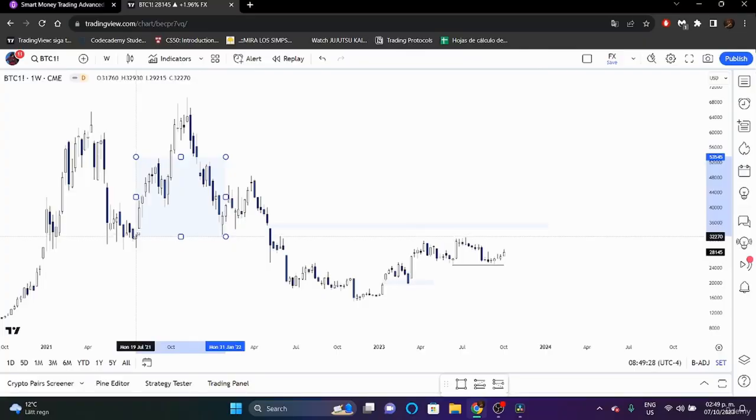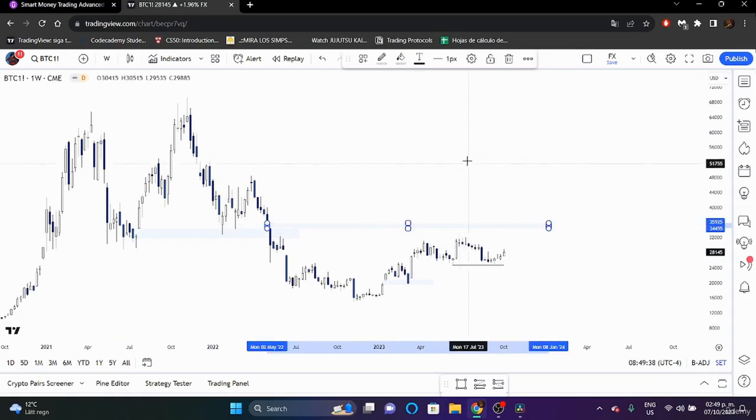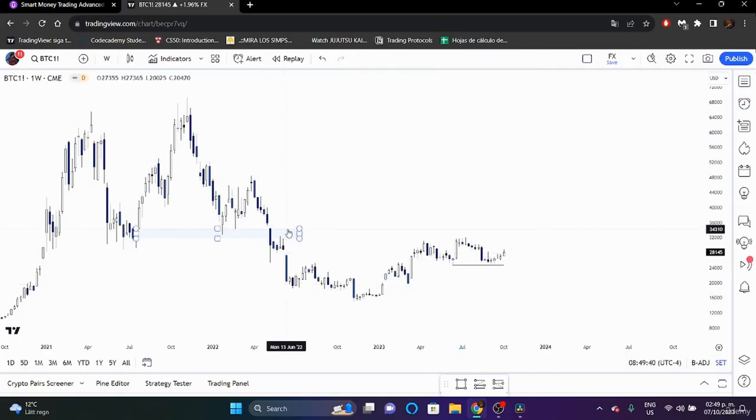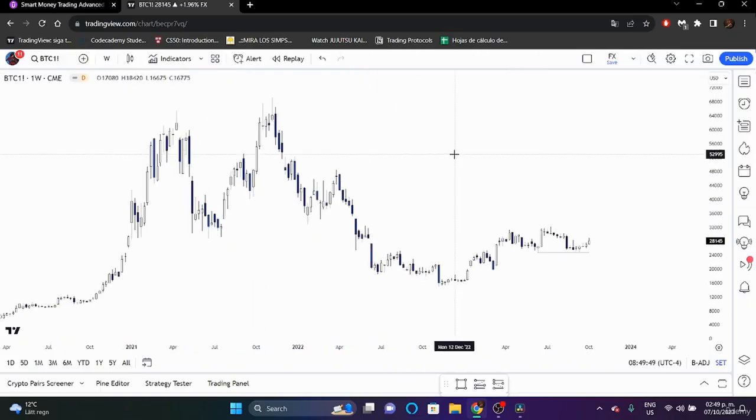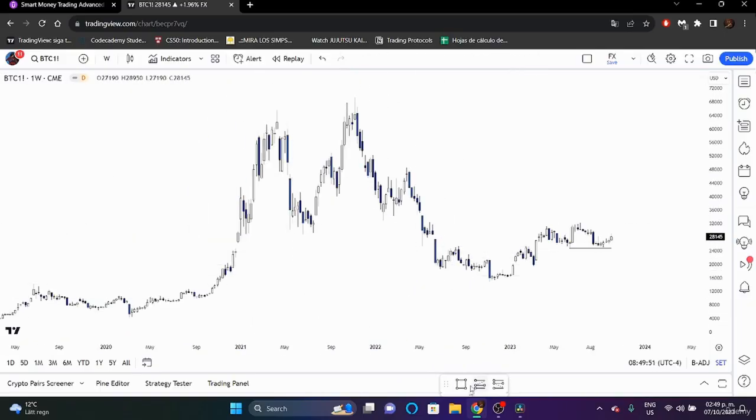Same thing here. Price, where does it stop? It stops right at the volume imbalance. It's not random, as you can see. Price stops here, retraces, then it goes lower. And where was the Bitcoin local bottom for a while?